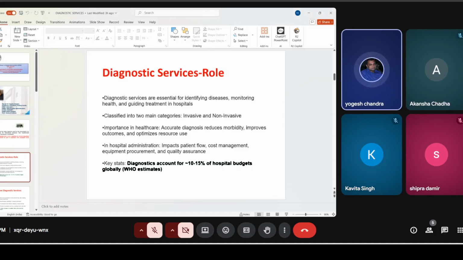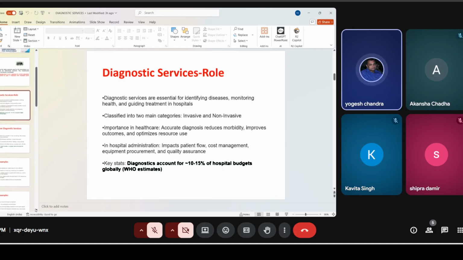So that is the importance of these biomedical diagnostic services. As 10 to 15% is not a small amount. If we are able to reduce that as a hospital administration, if we can plan how the money can be reduced on this particular aspect, then it is good.